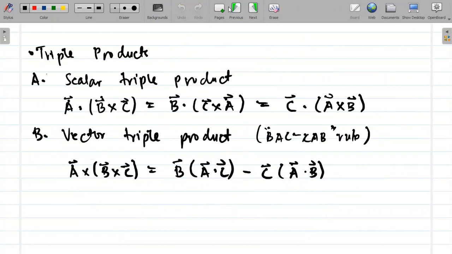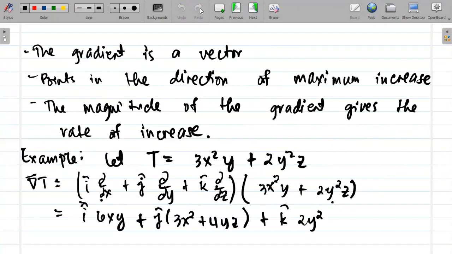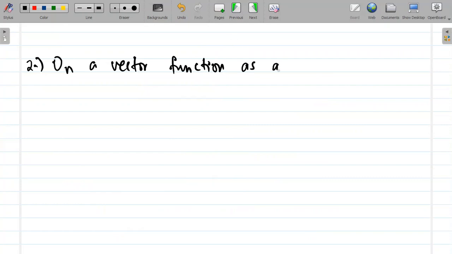Now, number 2, it can act on a vector function. So our del operator can act on a scalar, and it can also act on a vector function as a divergence. Let's call that del dot v.